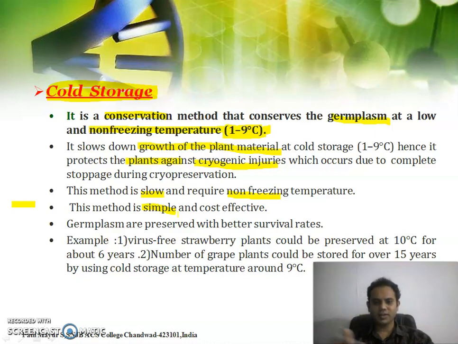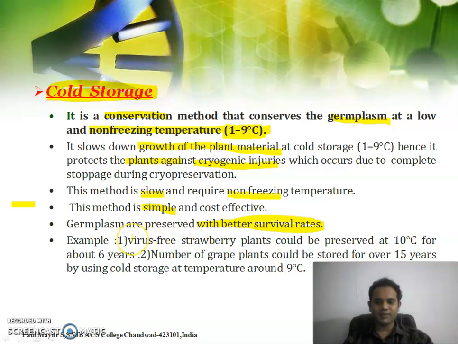So here the material is preserved in that condition, which is a very simple and cost effective method. Germplasm are preserved with better survival rates. Obviously here there is no issue of any cryogenic injuries, therefore the survival rate is higher than cryopreservation, maybe at some times.